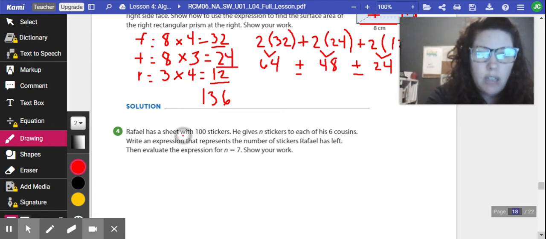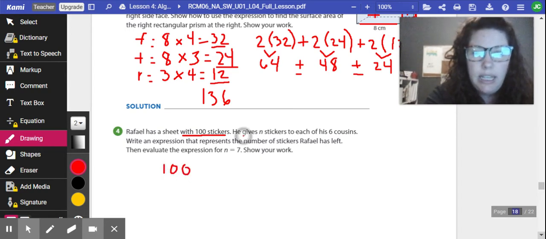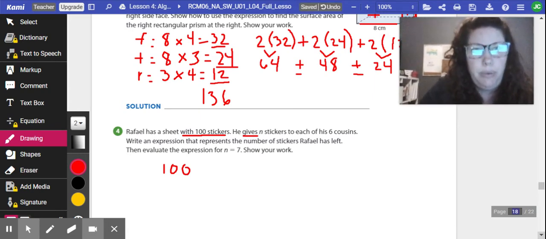So he starts off with 100 stickers. So let's start off with 100. Then he gives, so if he's going to give them away, what operation would we do? We would subtract because he's giving them away. And then he gives n stickers to each of his 6 cousins.